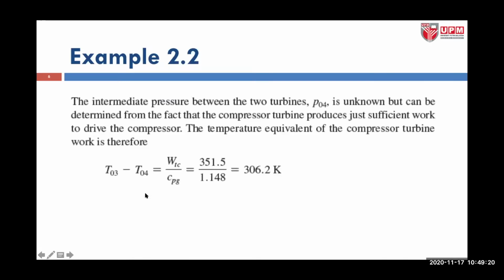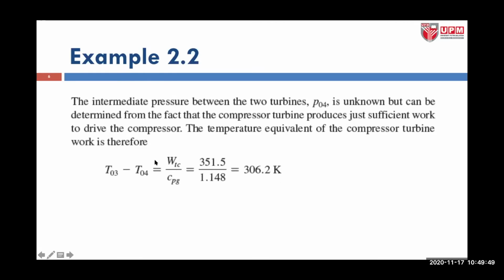Okay, the intermediate pressure between the 2 turbines, PO4, is unknown, but can be determined from the fact that the compressor turbine produces just sufficient work to drive the compressor. The temperature equivalent of the compressor turbine work can therefore be obtained, and the temperature difference here is 306.2 Kelvin.